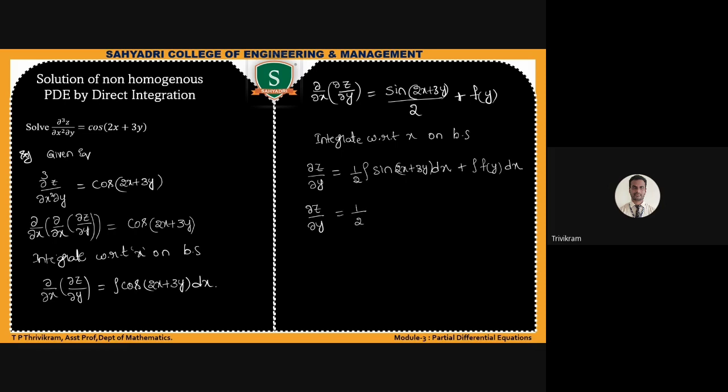Correct. Now dou z by dou y is equal to 1 by 2. Okay. Integration of sine ax, how much? Minus cos 2x plus 3y divided by 2, plus f of y is constant, into integration dx.